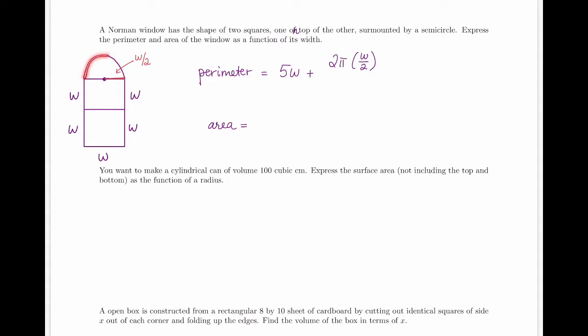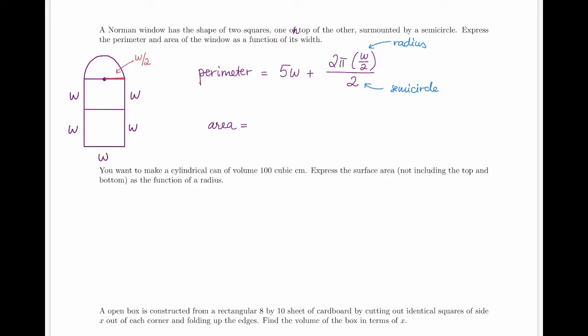But I only have half a circle here, so I have to divide that by 2 one more time in order to only get half the circle contribution. I can simplify this expression, of course, but I'm not going to bother. I'm going to leave it in this form because it's more clear here where all of these numbers come from. And maybe let me label this. This is the radius of my semicircle. And this comes from the fact that it's a semicircle and not the entire circle.